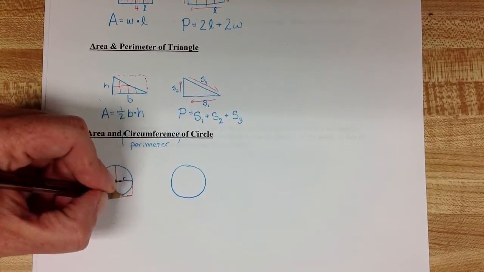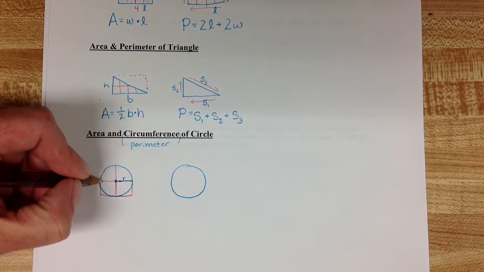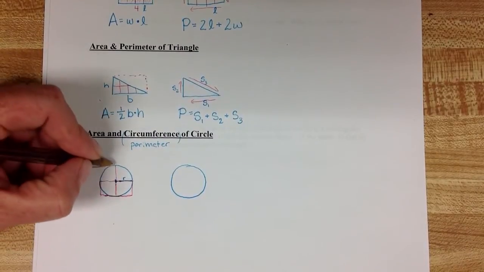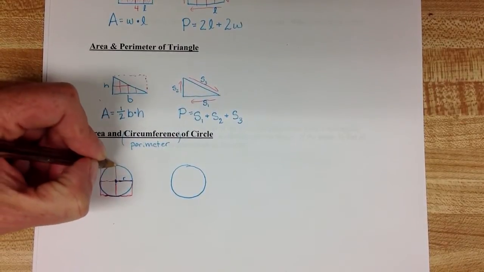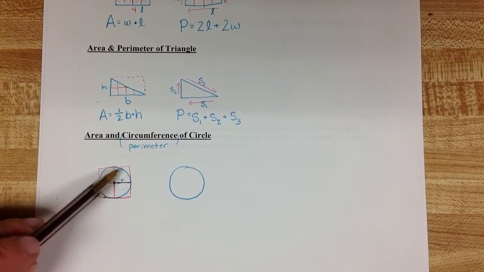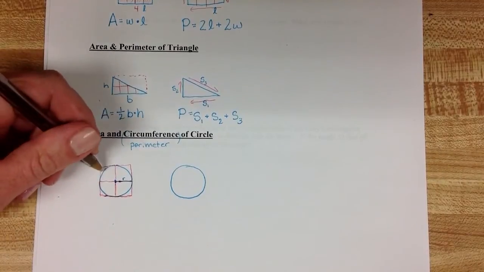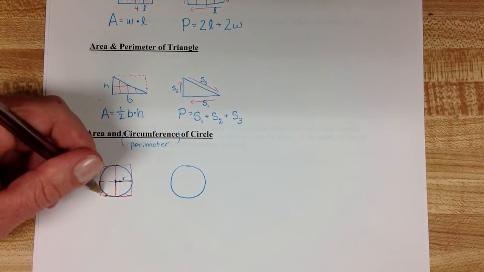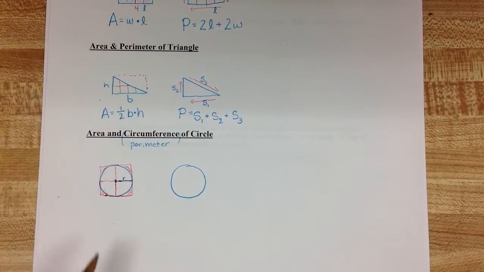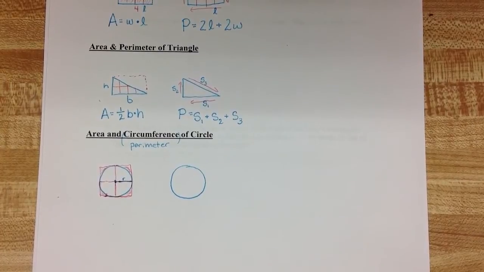So if I use my radius, which is the measure from the edge of the circle to the center, from any point on the edge into the center, and I make them into boxes, I hope that you can see that it takes something less than 4 squares to cover up this circle, because we have all this leftover material over here. So it takes 3 and something, 3 and a little bit more, to cover up this circle.